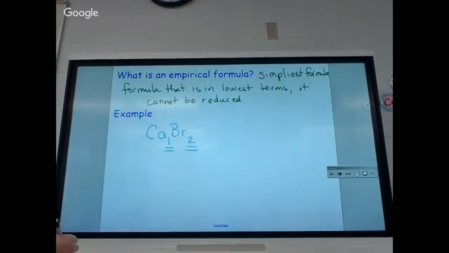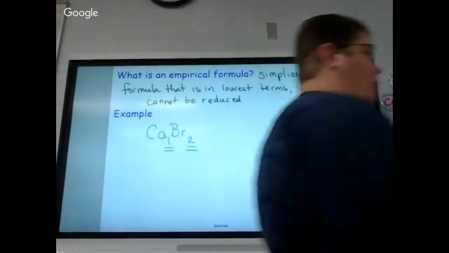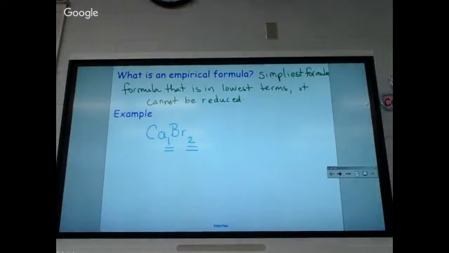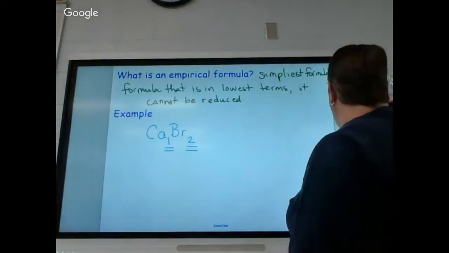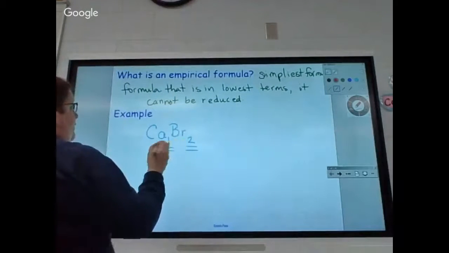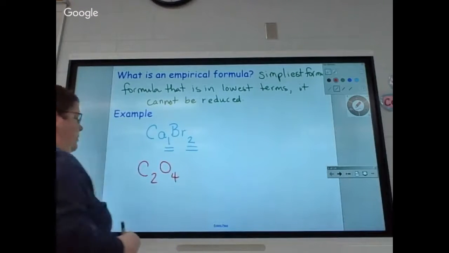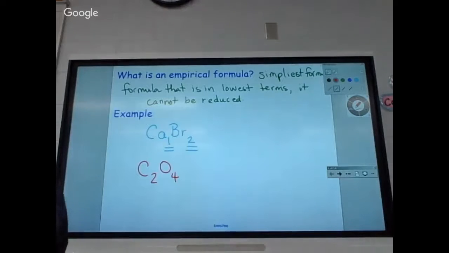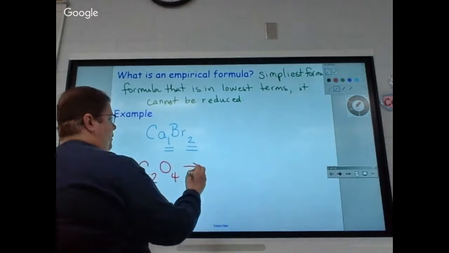Now, do we always have formulas that are in lowest terms? Of course not. Sometimes the formulas have larger numbers. So let's say that we have one like one that you might have seen on the test, like C2O4. If you have something like this, what would you need to do to it? You would reduce it. And you would reduce it into what?